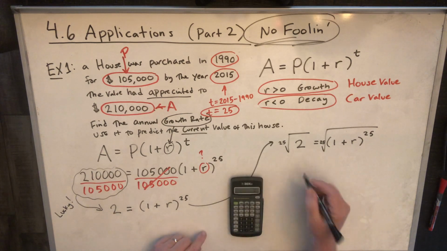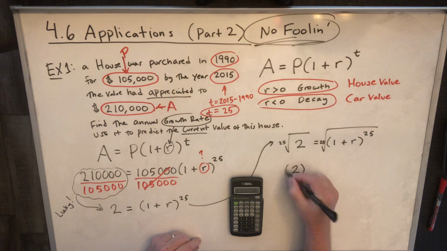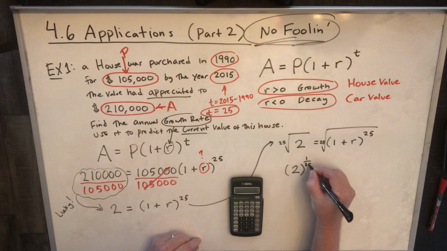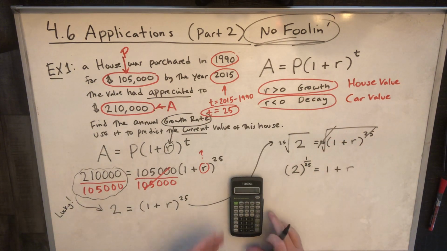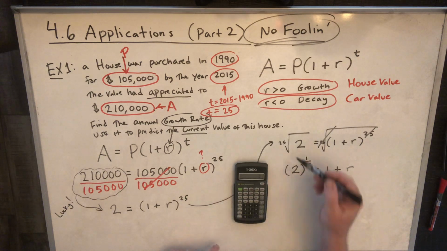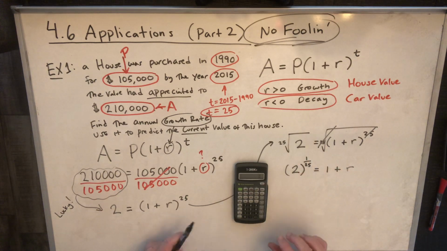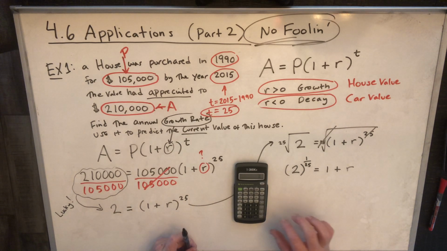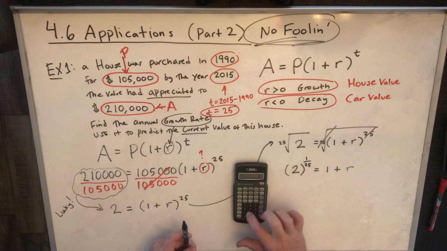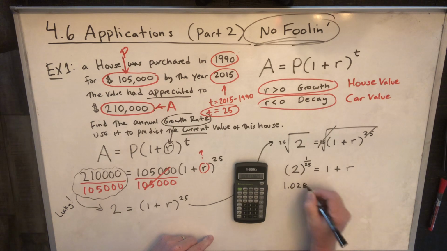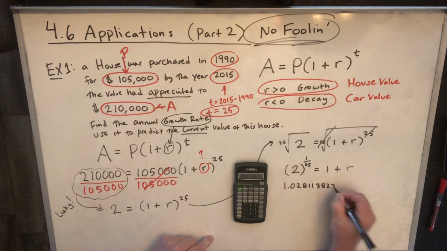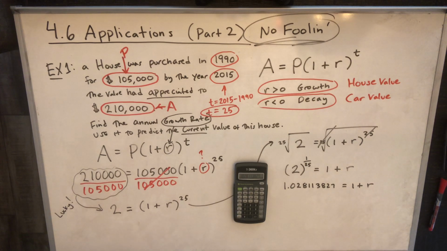All right, let's try another method then. If that doesn't work, we can use a fraction exponent. I'm not sure why my 25th root button is not working. So instead of a 25th root, we'll try a 1 over 25 power. So we'll go 2 to the 1 divided by 25 power. There we go. So we get 1.028113827 is 1 plus r.